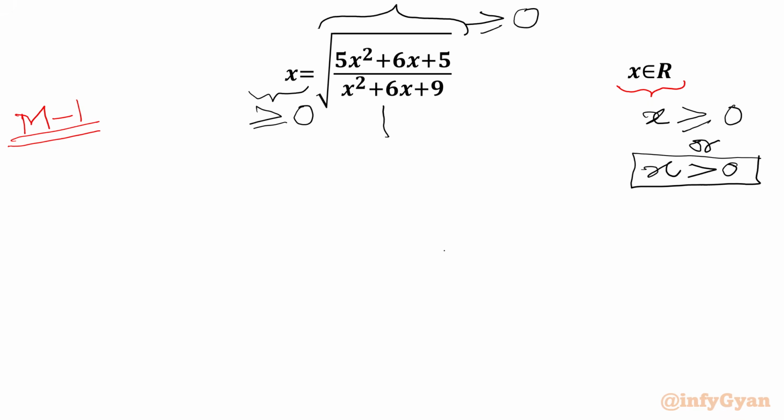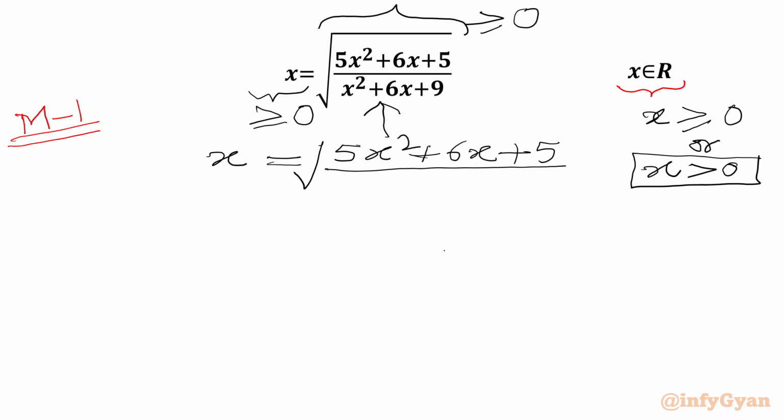Now we have x square plus 6x plus 9 in the denominator, which is x plus 3 whole square. So we can write x equal to square root of 5x square plus 6x plus 5 over x plus 3 whole square.